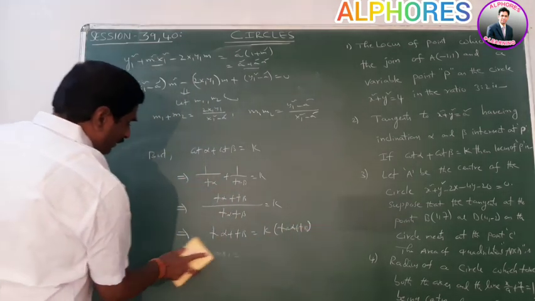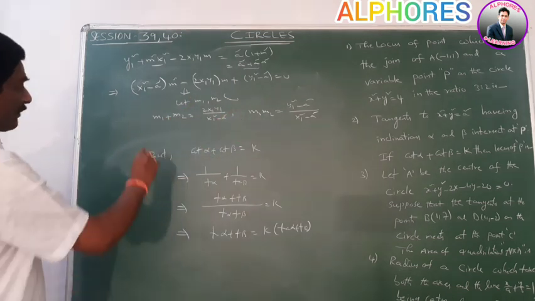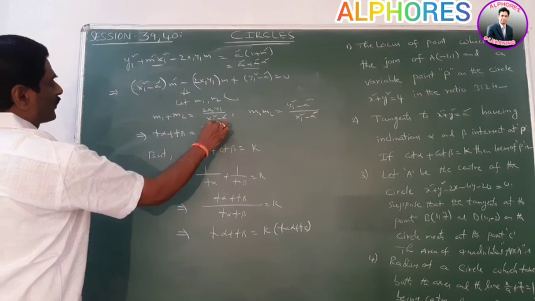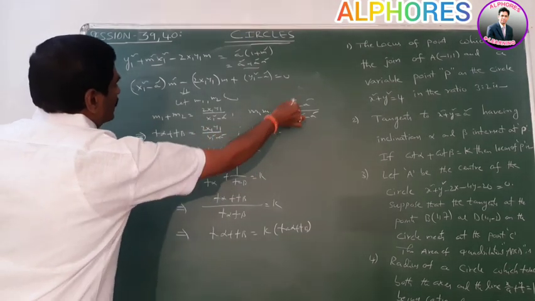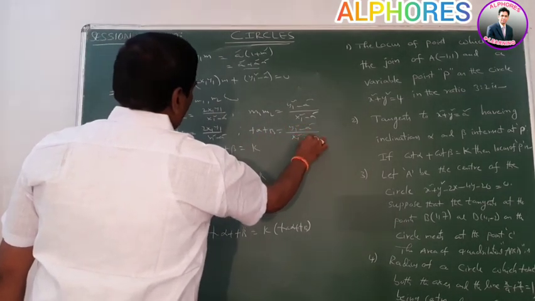From the given, the slope of the tangent m1 is equal to tan alpha, m2 is equal to tan beta. So tan alpha plus tan beta is equal to 2x1 y1 by x1 square minus a square, and tan alpha into tan beta is equal to y1 square minus a square by x1 square minus a square.